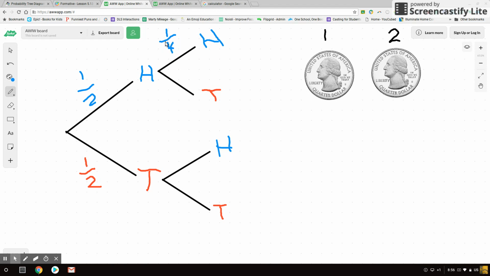So our probability is 1 out of 4 that we're going to get heads, heads. Our probability of getting heads and then tails is also 1/4. We could get heads with the first coin, tails with the second. We have a 1 out of 4 probability of tails with the first one and heads with the second one, and a 1 out of 4 possibility that we get tails, tails.